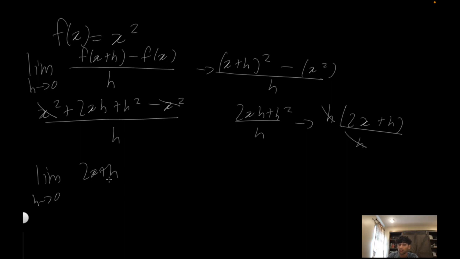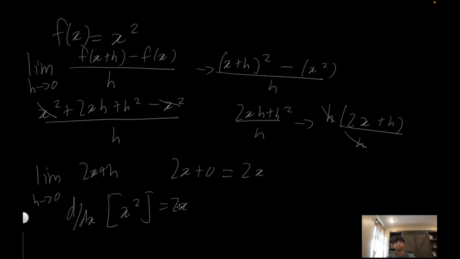Now, as I already taught you from my limit series, you could just try direct substitution here. So this just becomes 2x plus 0, and this is just equal to 2x. So the derivative of x squared is equal to 2x.